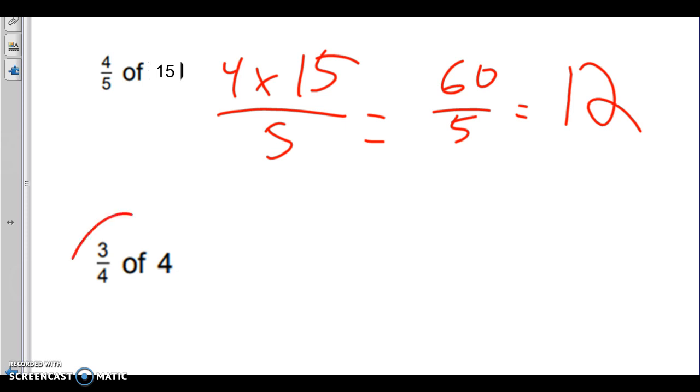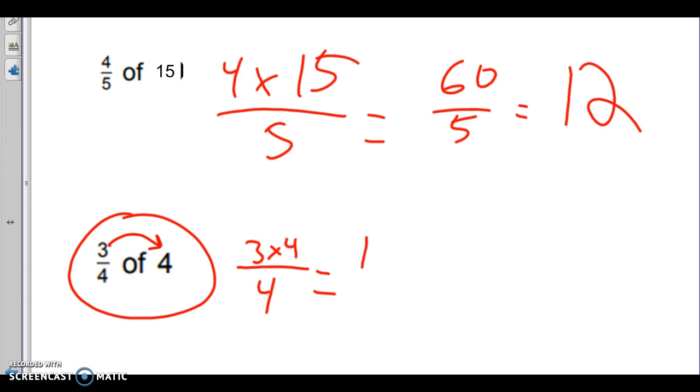If you look down here, 3/4 of 4, 3 times 4 over 4, 12 over 4 equals 3 wholes. Can we talk about this too, though? There's a symbol. I would like to show you this, right?